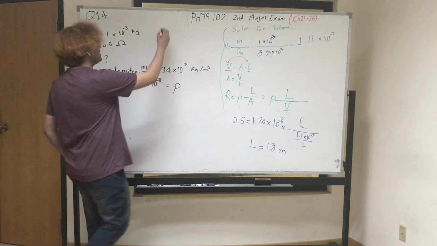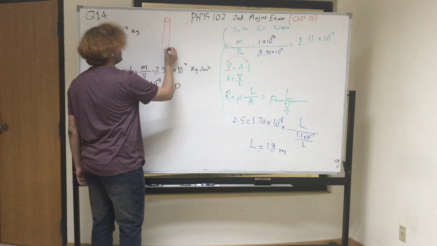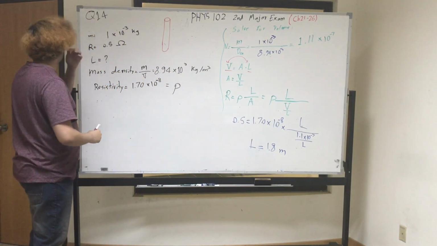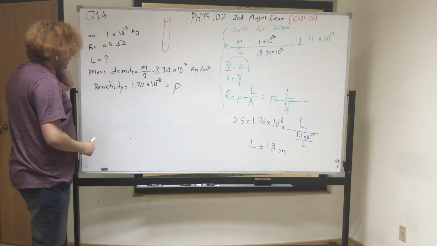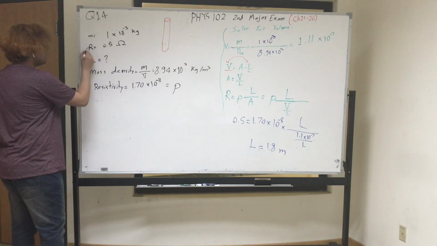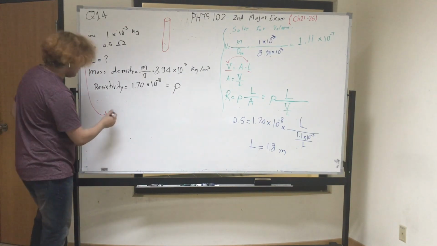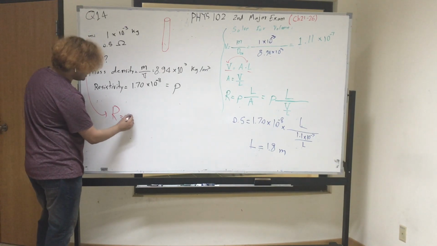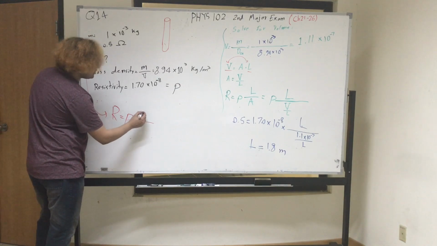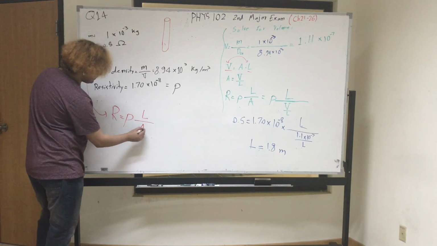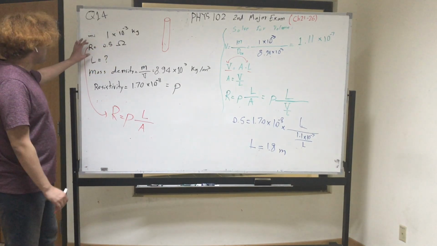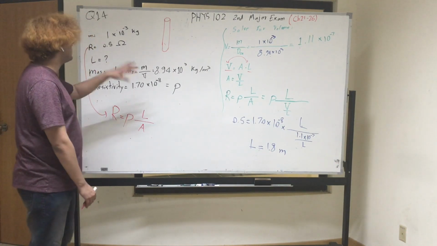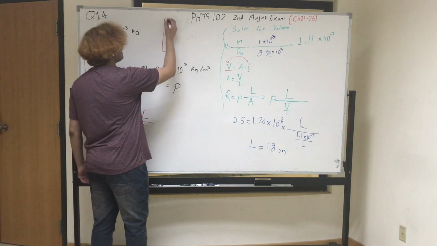We have a cylindrical wire, and we know the mass and the resistance of the wire. Once we're given the resistance, you have to realize that resistance is resistivity times the length over the area. So resistance is resistivity times the length of the wire over the cross-sectional area of the wire.